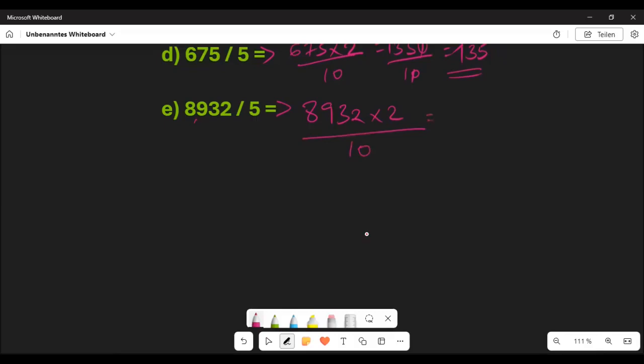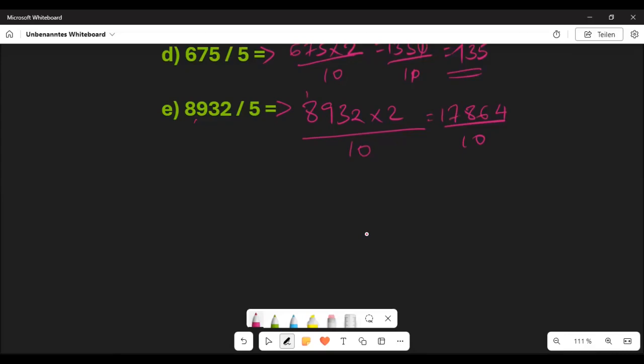The denominator is still 10, but now we just want to multiply. 2 by 2 will give us 4. 2 by 3 will give us 6. 2 by 9 will give us 18. So we write 8 and carry 1. And then 2 multiplied by 8 is 16 plus 1 is going to be 17.